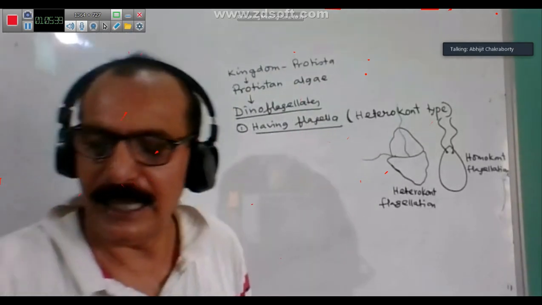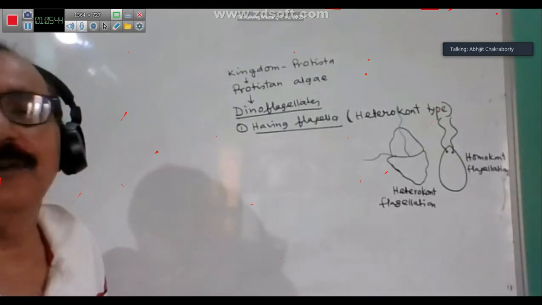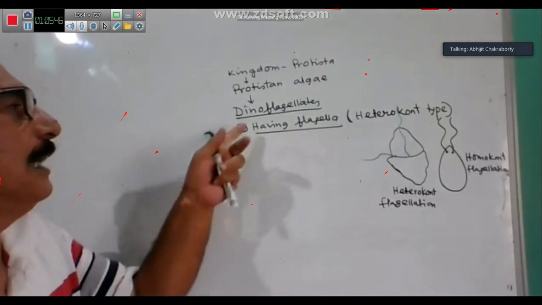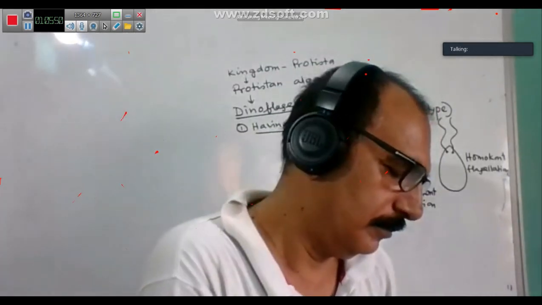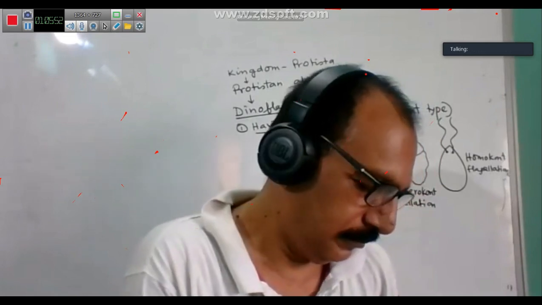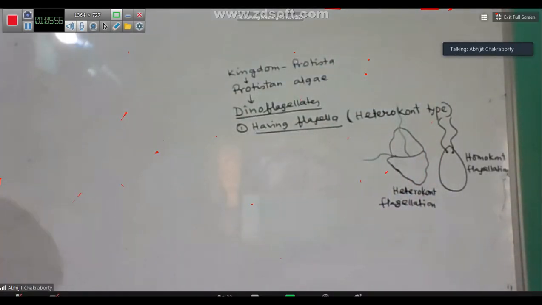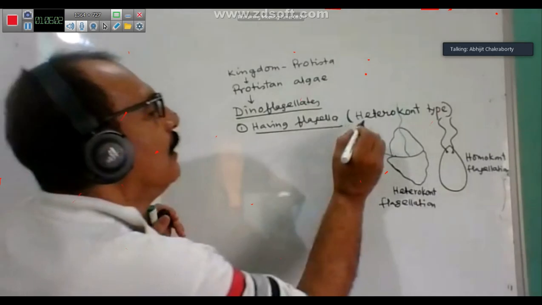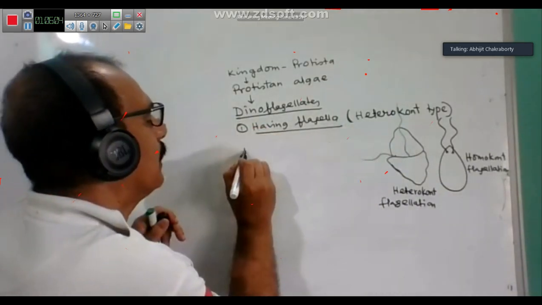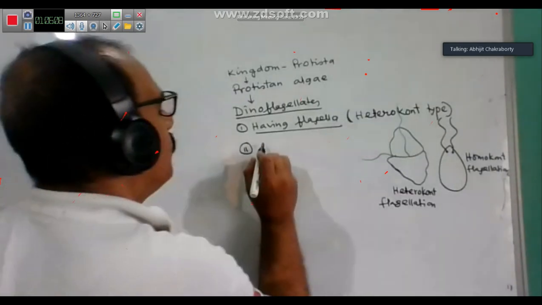Now, regarding the other point, they have flagella, that's why the name dinoflagellate. First thing is having flagella of heterocont type. Second thing, there may be autotrophs.